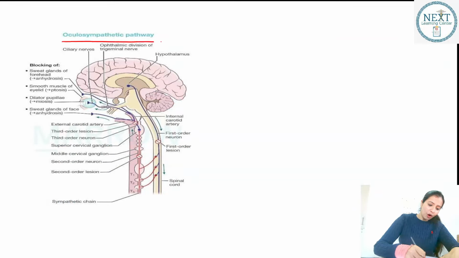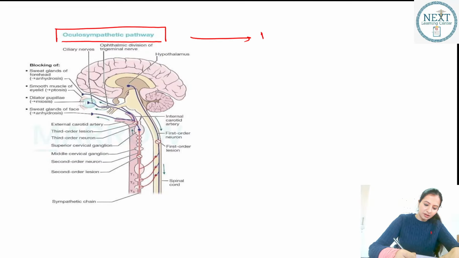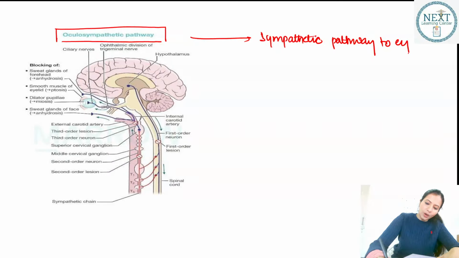Then moving on to oculosympathetic pathway, which is actually the sympathetic pathway to the eye. What does it involve?